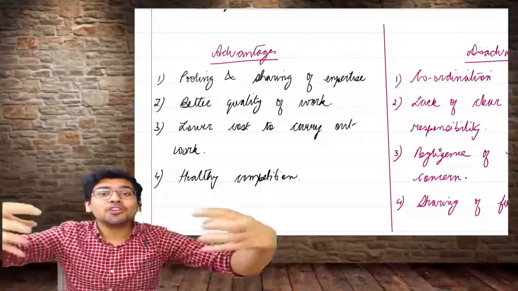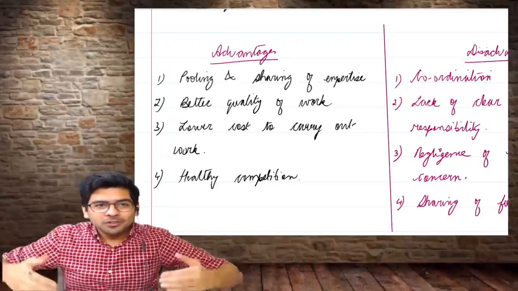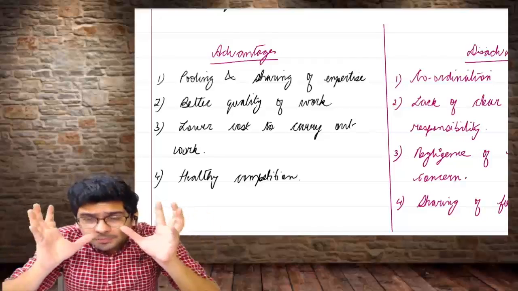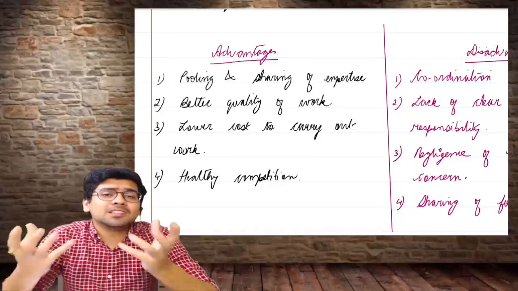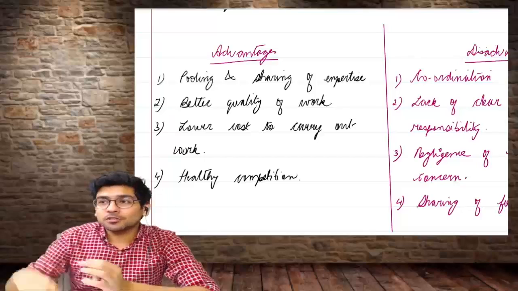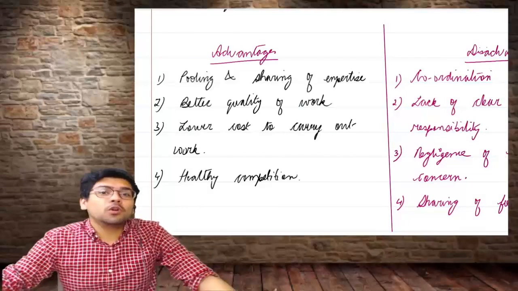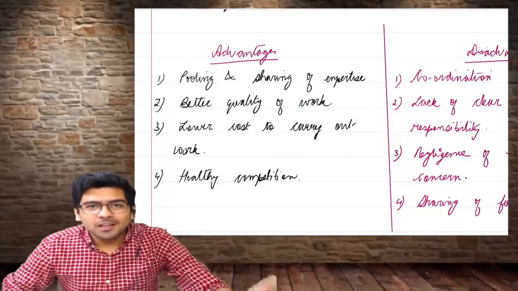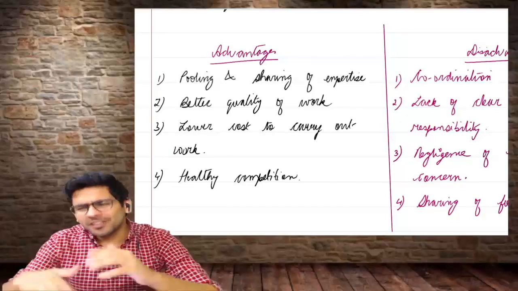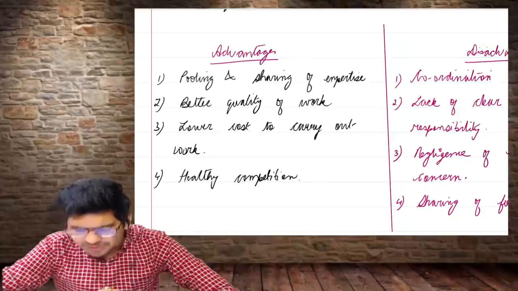So when there are 2 or 3 professionals involved, your quality of work improves. Let's say you find out a misstatement, so the other will also say, no, I need to work better, I also shall be finding misstatements if there are any. So all these things lead to better competition also. So these are the advantages.